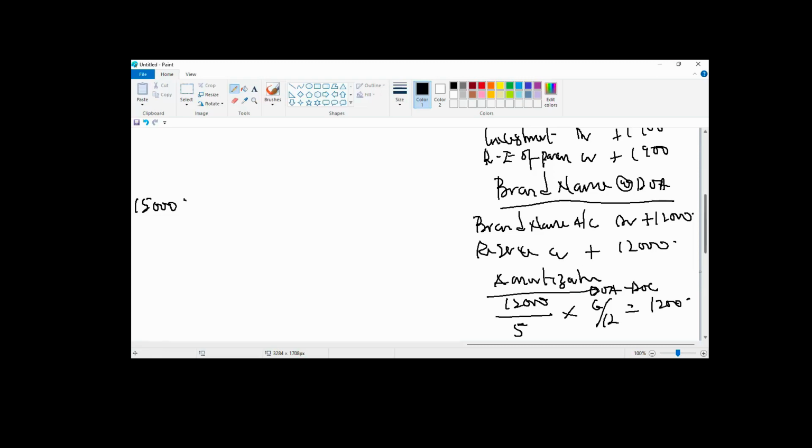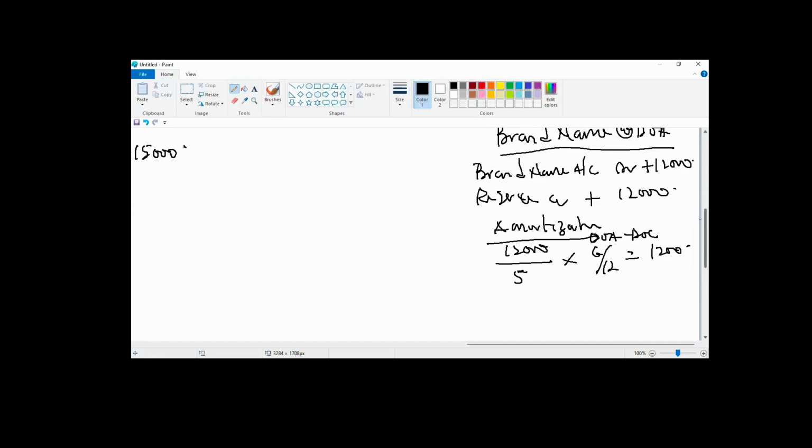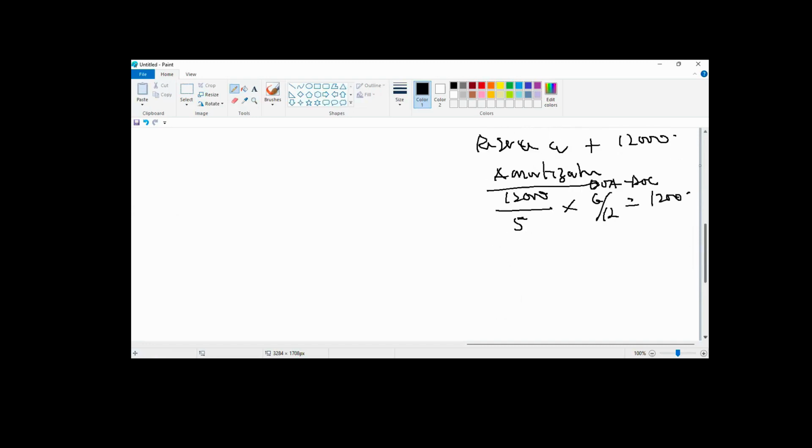What do I do to the 1,200? Very simple. Brand name, credit minus 1,200. I'll go to the adjusted retained earnings of the subsidiary, which is the owner. I'll debit minus 1,200.